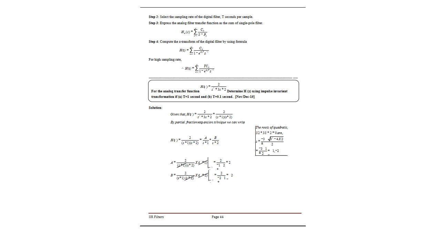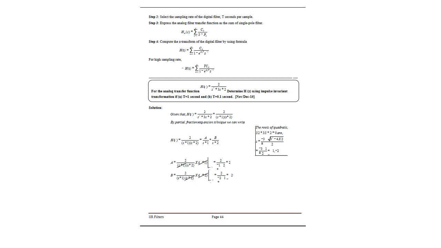Step 4 is to compute the Z transform of the digital filter using the formula H(Z) = summation k equal to 1 to N of Ck / (1 - e^(Pk T) Z inverse).